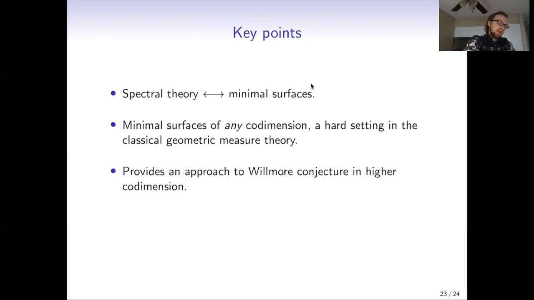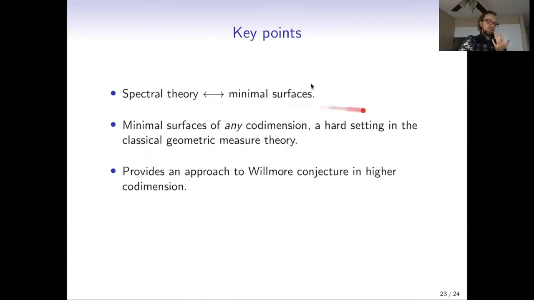In particular, the Willmore conjecture is one problem which is an intersection of both areas. The classical Willmore conjecture is exactly about minimal surfaces in S3. It was resolved using these methods, but for higher-dimensional spheres, it's not resolved.